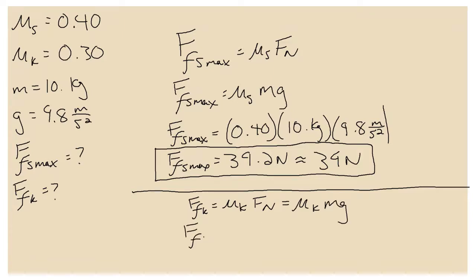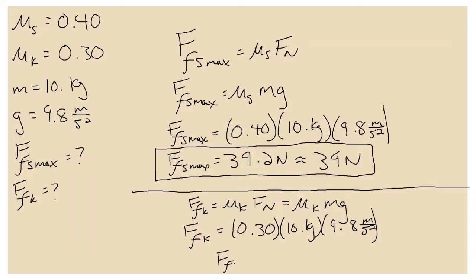So now instead of taking 0.4 times 10 times 9.8, we'll take 0.30, because that's the coefficient of kinetic friction, times 10 kilograms times 9.8 meters per second squared. When you do the math, of course, we want to keep this to two significant figures. You get 29.4 newtons, and that, to two significant figures, is 29 newtons.